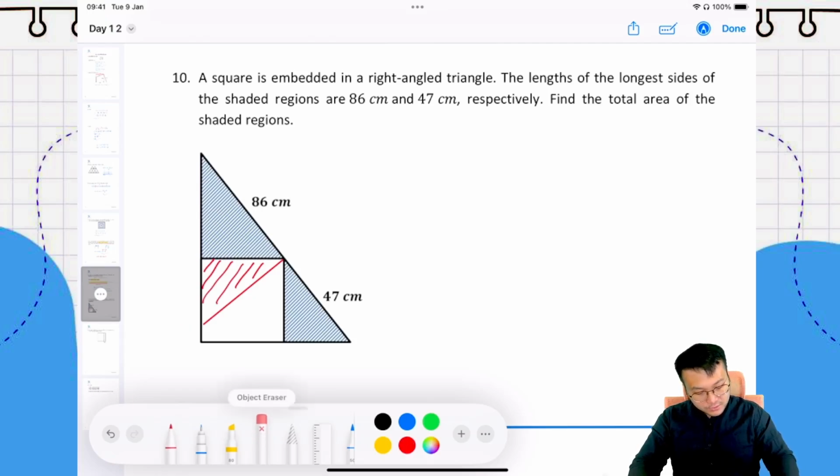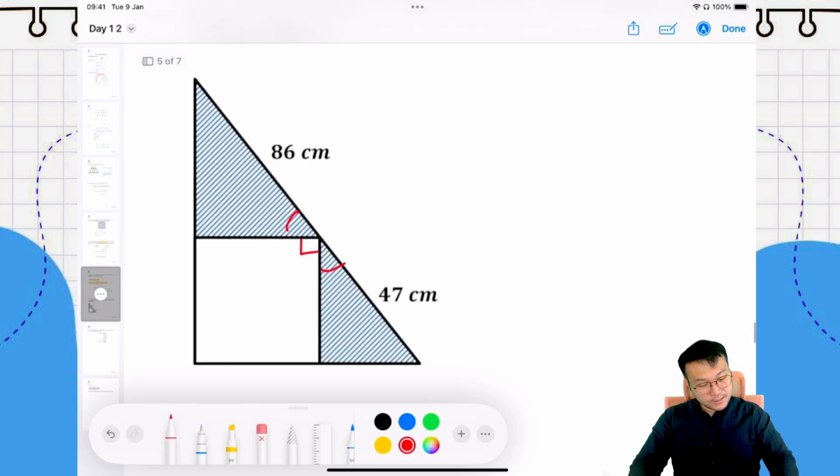Okay, let me ask you the next question. What is this angle here? 90 degrees. Can you tell me what is the sum of this angle plus this angle? 180? I know the entire thing is 180, but I'm asking you what is A plus B? 90 degrees. You are totally correct.